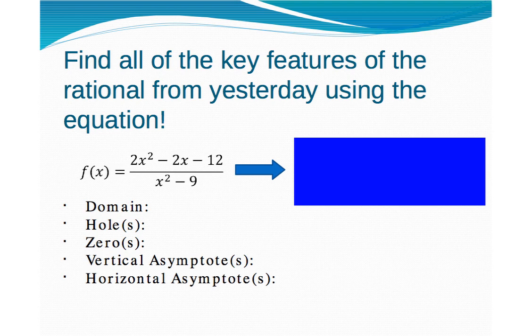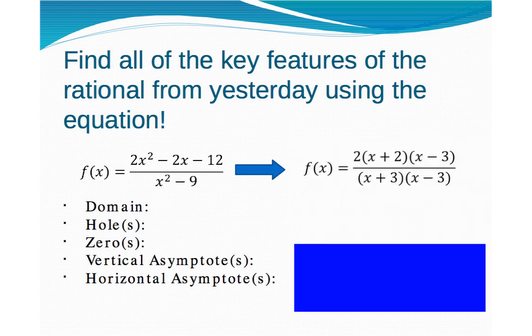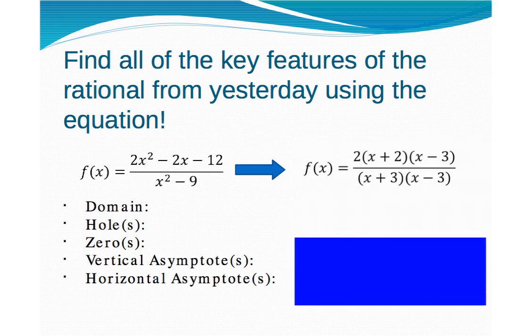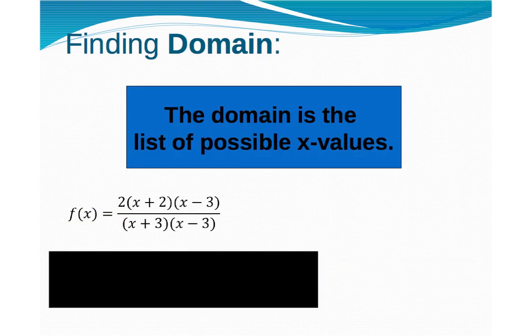So from our homework, we actually did factor this. This function factors into 2 times x plus 2 times x minus 3, all divided by x plus 3, x minus 3. This is what we're going to use to find all of our pieces of key information.